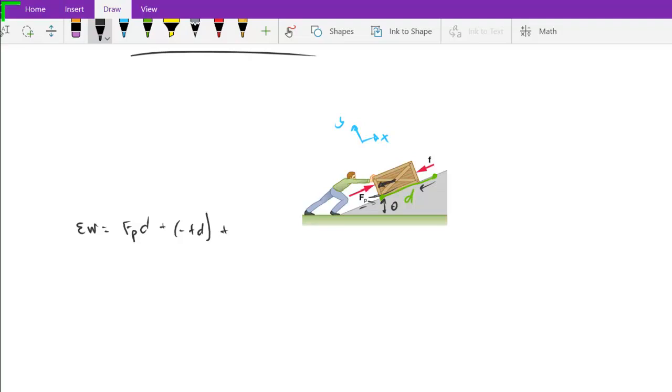We have some portion of our gravitational force which is down like this, and when we rearrange our coordinate system to be parallel and perpendicular, I don't need to worry about any work being done in the direction perpendicular to the incline, because it doesn't move in the direction perpendicular, it only moves parallel. So no work is done in our positive y direction. And so the work done by gravity would be a negative mg sine theta.